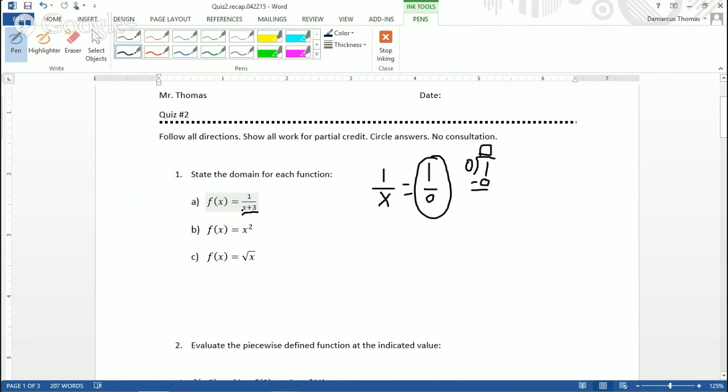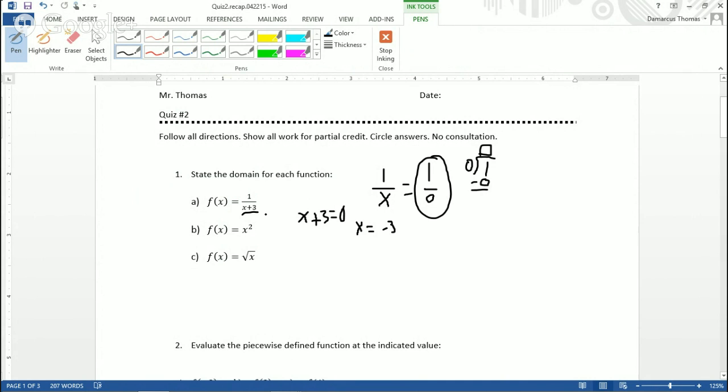If x was -3, we'd get a 0 in the denominator. The way to break this down is to take the denominator, set it equal to 0, and solve the equation. It turns out that x is -3, and that is our restriction.